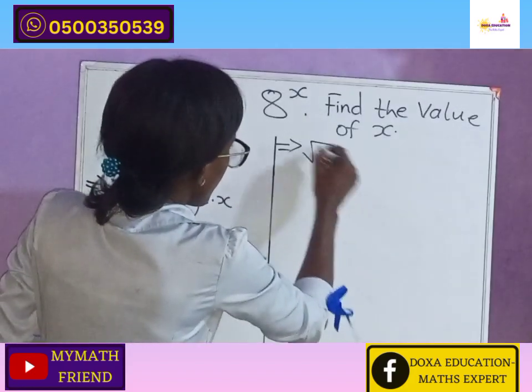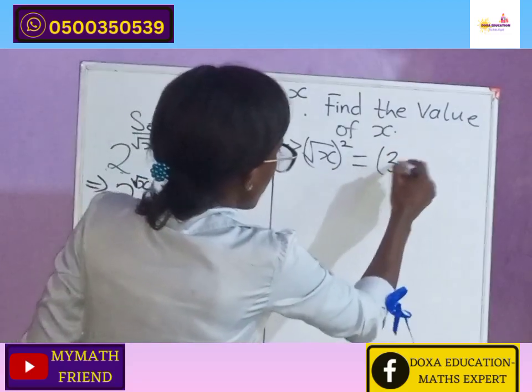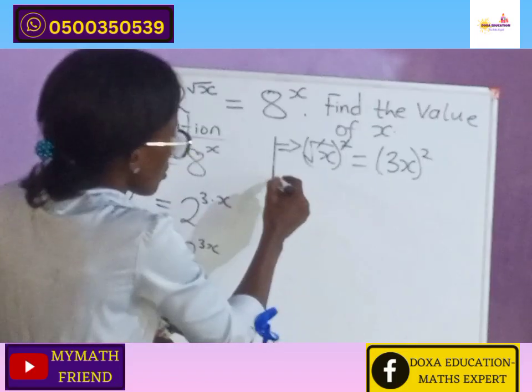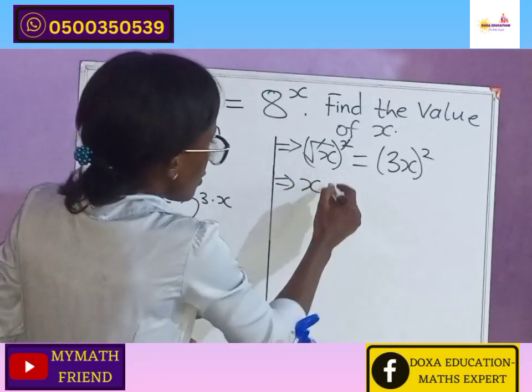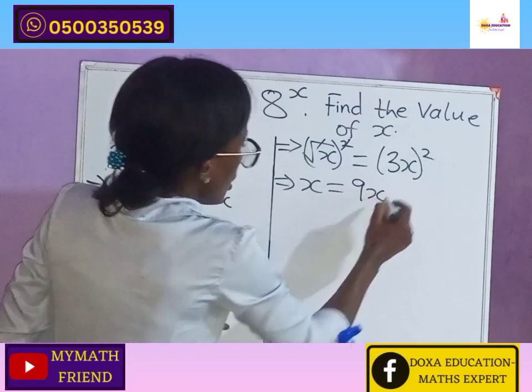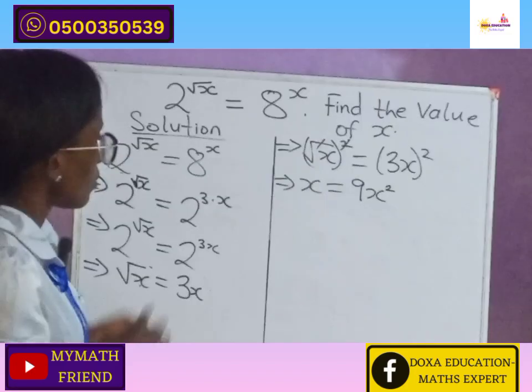So you have this squared equals this 3x squared, so that the 2 cancels the root. Then we have x left here being equal to 3 squared is 9, x squared is 9x squared. We'll be able to deal with the powers.